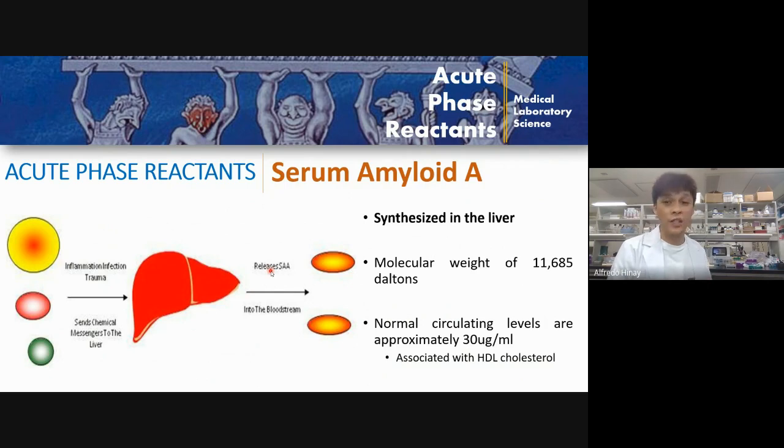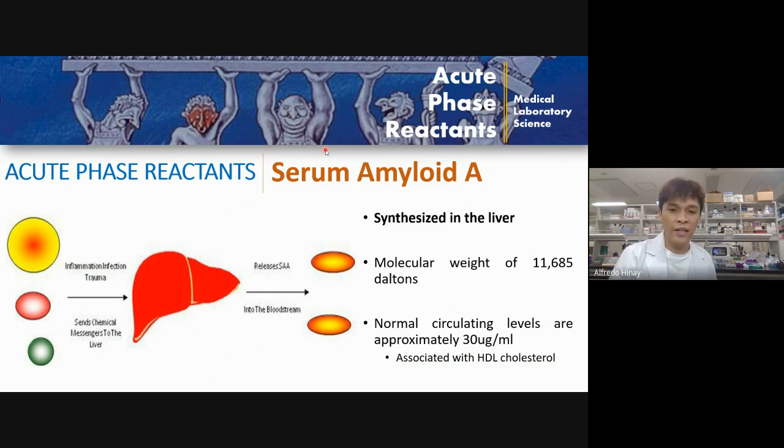Then you have your serum amyloid A. It's still synthesized in the liver. If you have inflammation or infection, and then you have your interleukin 6 and interleukin 1, then after that the liver will release your SAA, your serum amyloid A. In the clinical laboratories, we call this SAA, or serum amyloid A. Molecular weight is around 11,685 daltons.